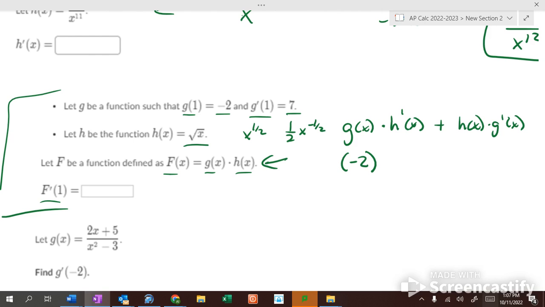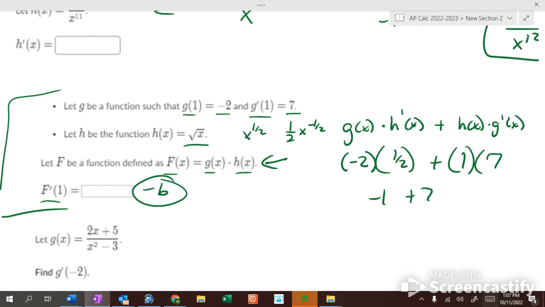Put it on the bottom, it's still 1. So the first derivative of h at 1 is 1/2, correct? Then h of x, if we stick h of 1 in there, that's still 1. First derivative of g is 7. Just do the math. Negative 1 plus 7 is negative 6. Okay?